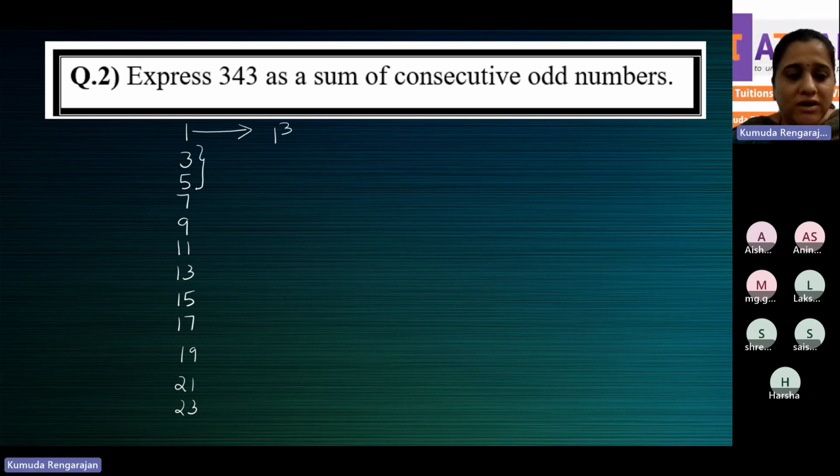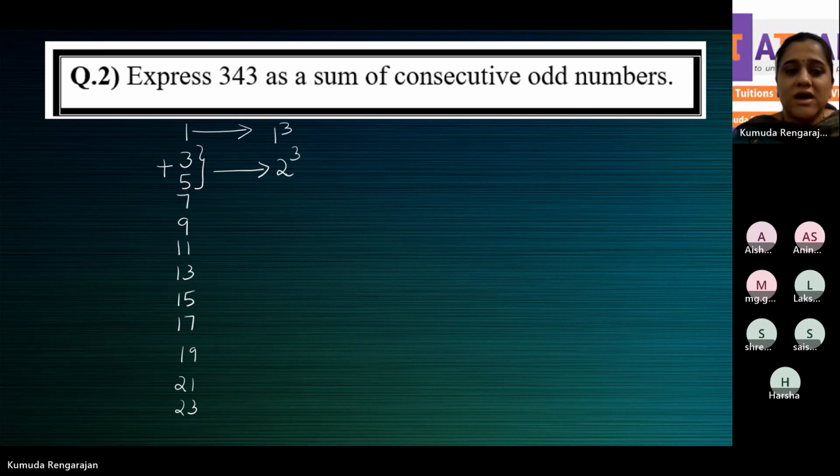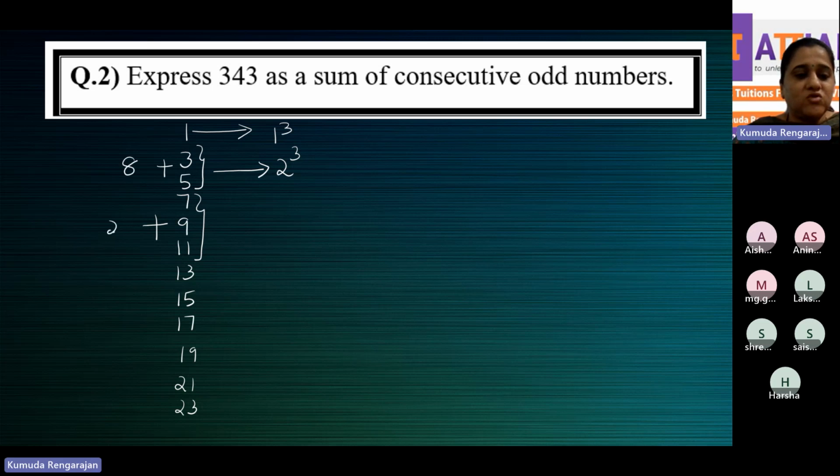Take the next two odd numbers and find their sum, 8. And that is the result of 2 cubed. Take the next 3 odd numbers and find their sum. The sum here is 27. And that's nothing but 3 cubed.